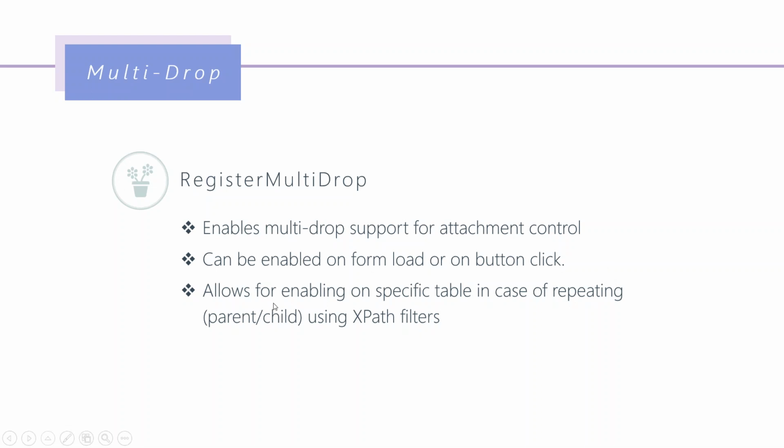And it also allows for enabling on specific table in case you have repeating parent-child nodes, and you can specify which table you want to apply the multi-drop settings using XPath filters.